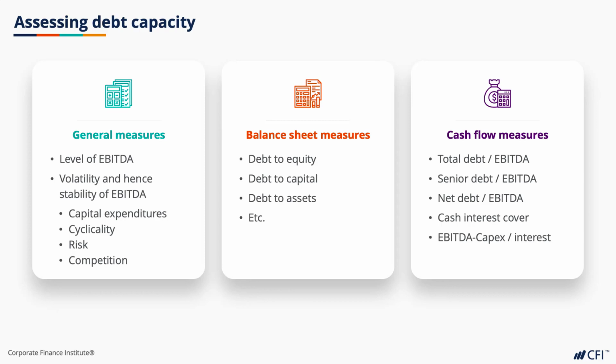There are many more ratios that we cover in our Financial Analysis Fundamentals course and other financial modeling courses. But as you can see, there are quite a few ratios and quite a bit of analysis that can be done to figure out how much debt capacity a company has.